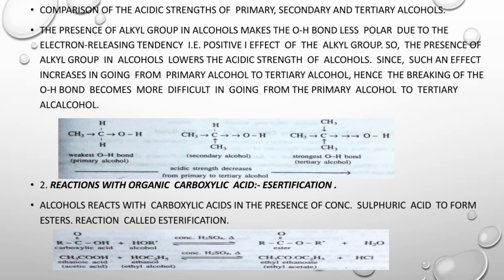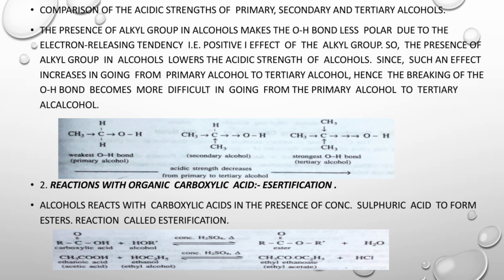We have to know here that as the R groups increase, the electron releasing effect increases, which means there is higher electron density on the oxygen atom, due to which there is a lesser tendency of the breaking of the hydrogen bond with oxygen.